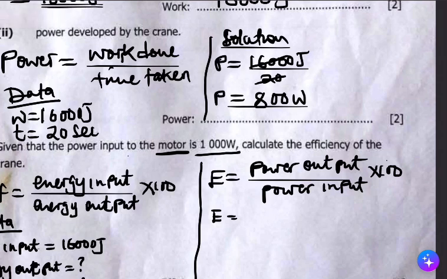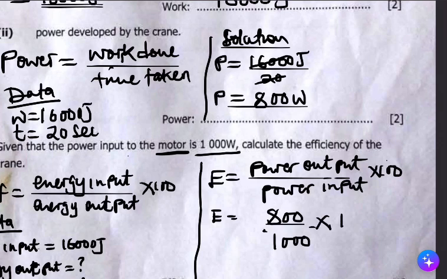This is what the machine has given out. So 800 watts divided by the input power, which is 1000, and then times 100.